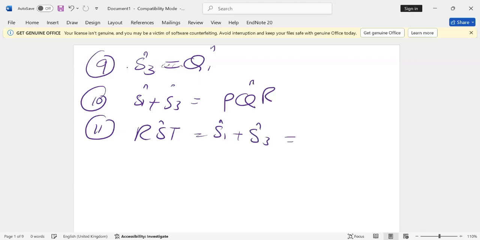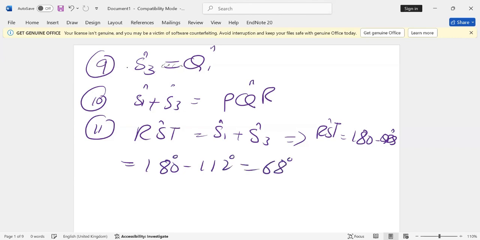You see that RST equals 180 minus QRS. Okay, we write it like that, equals 180 minus 112, equals 68 degrees.